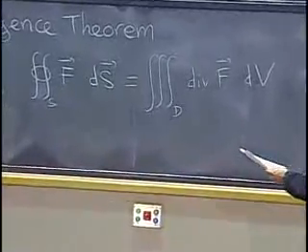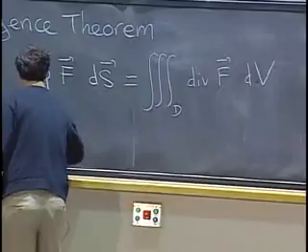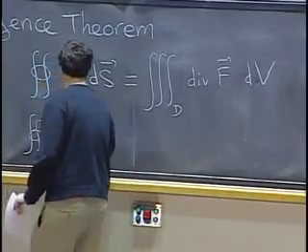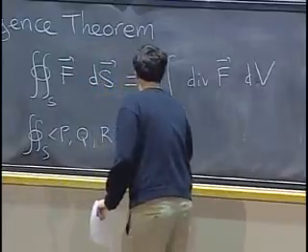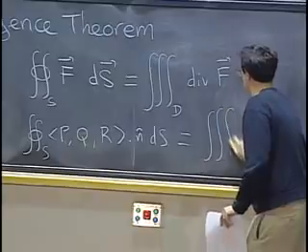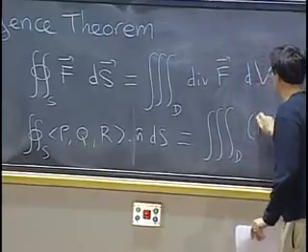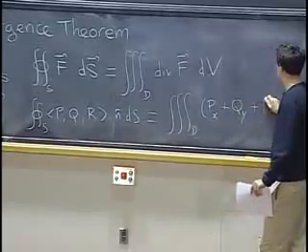Concretely, if I use coordinates, and the components of my vector field are P, Q, and R, then that will become the triple integral of the divergence, which is P sub x plus Q sub y plus R sub z.